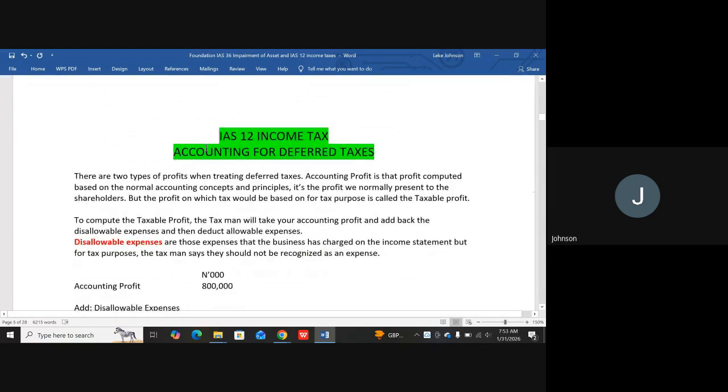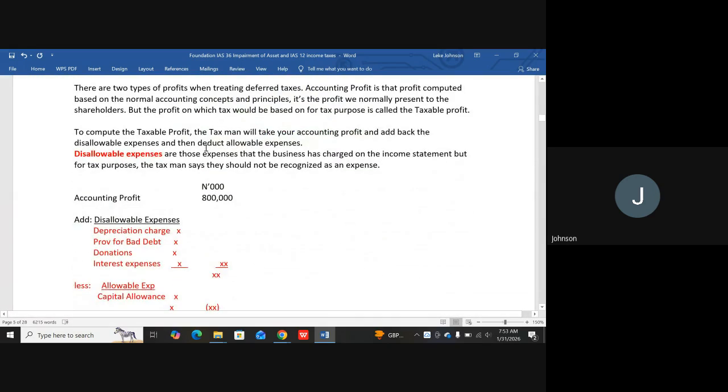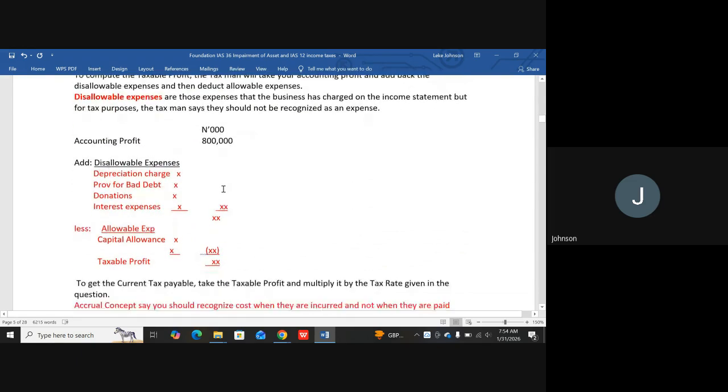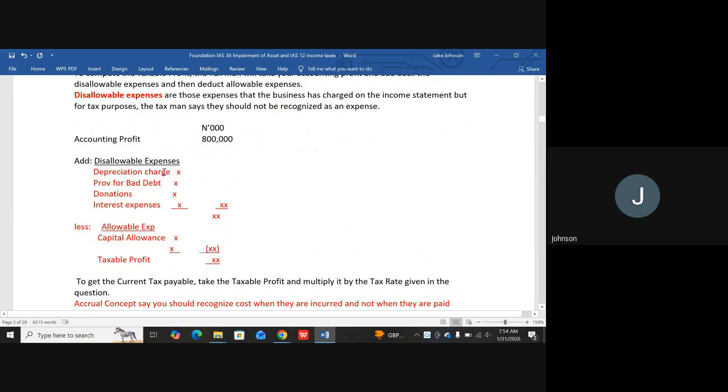We said that there are two types of profit. We have the accounting profit, and we also have the taxable profit. To get the taxable profit, you always start from the accounting profit.